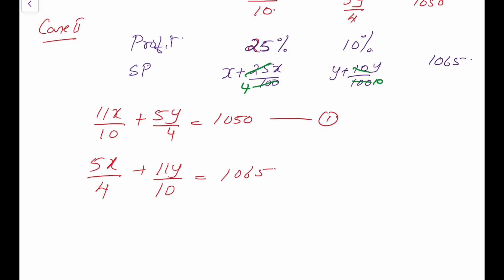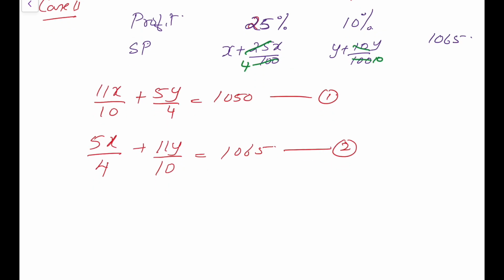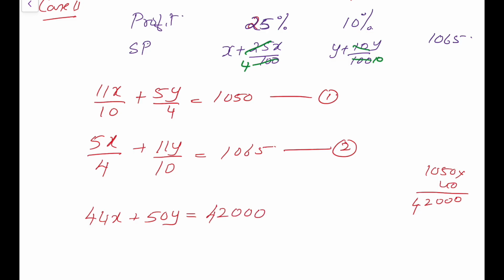So we'll take the LCM of both the equations and convert them. It is 40. So 44x plus 50y by 40 you will get, equal to 1050 into 40. I will do it in one single step. This is the third equation.